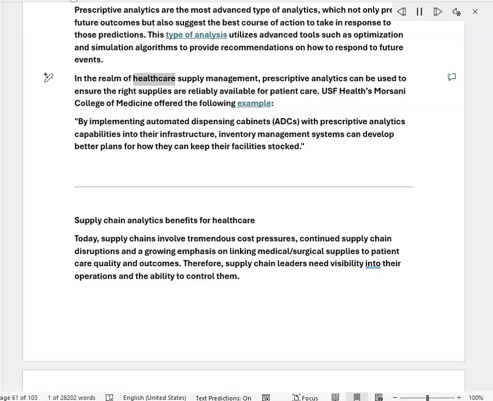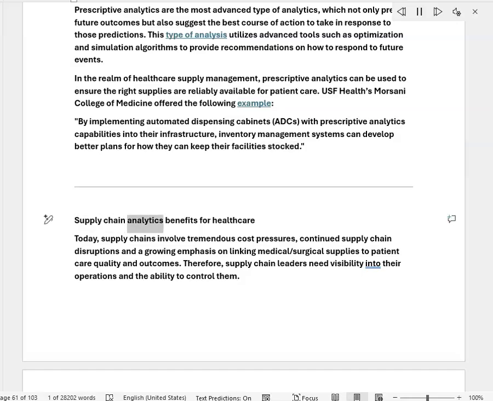In the realm of healthcare supply management, prescriptive analytics can be used to ensure the right supplies are reliably available for patient care. USF Health's Morsani College of Medicine offered the following example. By implementing automated dispensing cabinets, ADCs, with prescriptive analytics capabilities into their infrastructure, inventory management systems can develop better plans for how they can keep their facilities stocked.